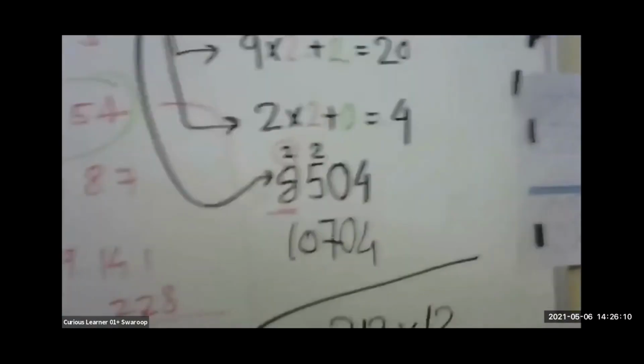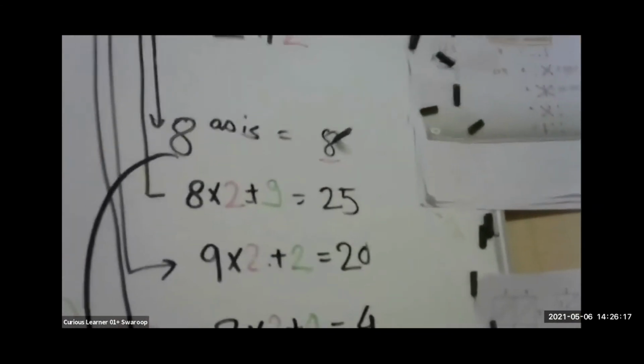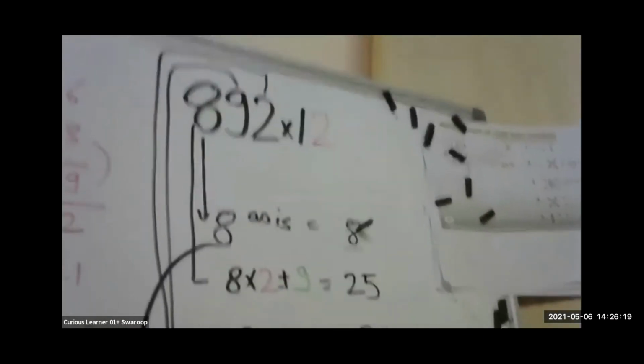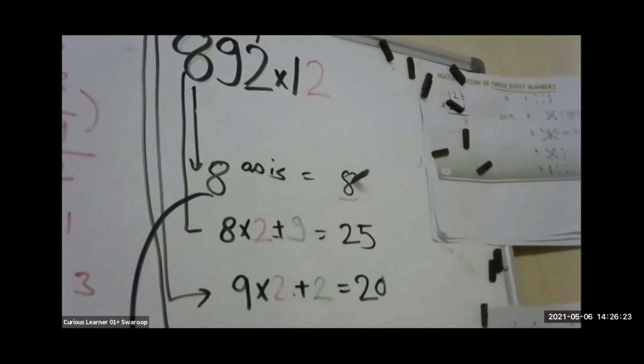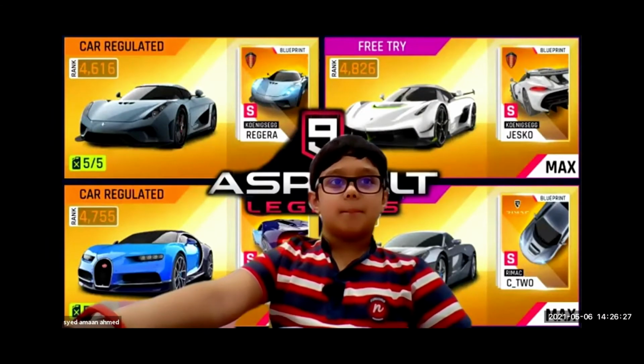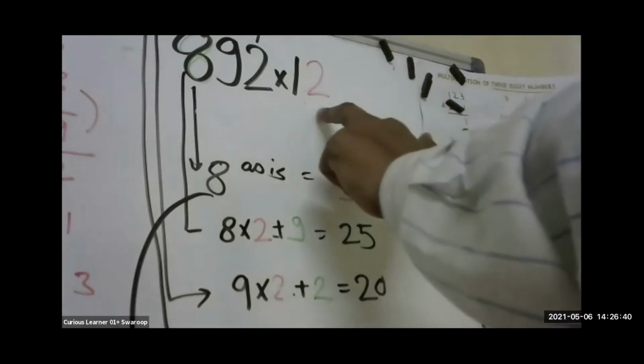Now we are saying how to do 3-digit multiplication. Do you see this, 892 multiply 12? This is the way. The same method will go for 11, the same method will be used for 12, and for 13, 14, 15, 16, 17, 18, 19.